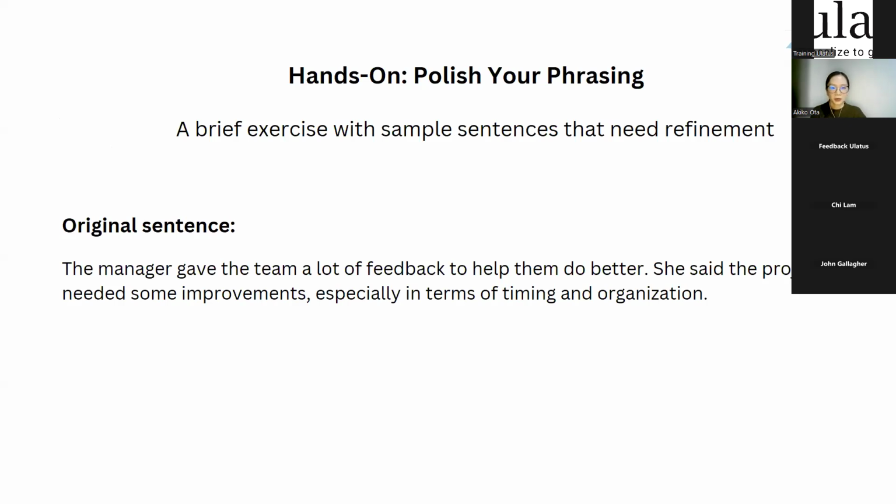She said the project needed some improvement, especially in terms of timing and organization. Take a few moments to rewrite the sentence to improve the clarity and flow, and see if you can make it sound more natural for your audience. You can share by speaking, or you can share the answer by writing it in the chat as well.